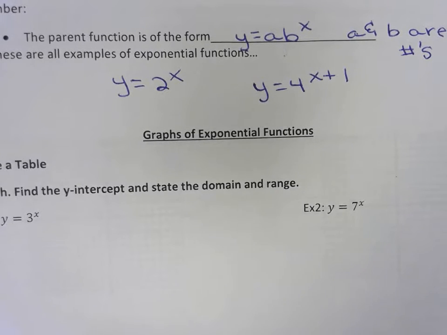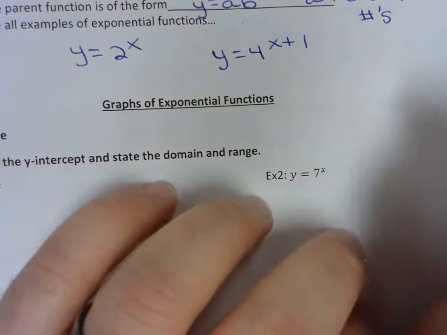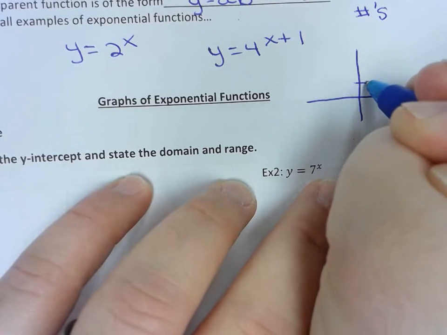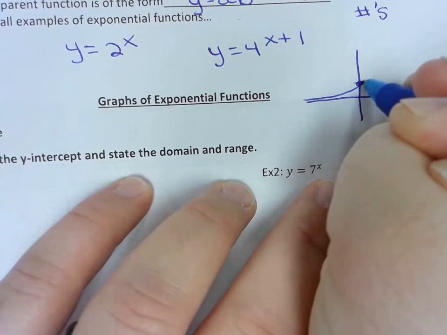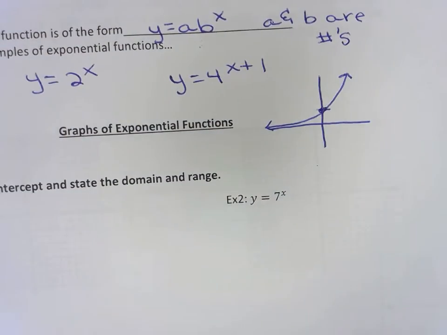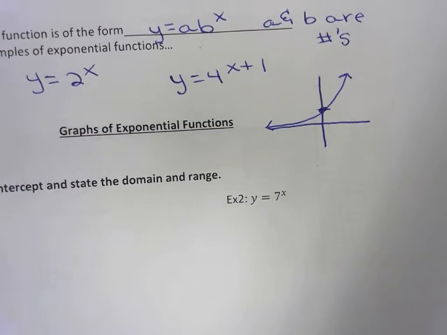Now, as I look at graphing these, they're going to look a couple different ways. Here's kind of what my graph of exponential functions looks like. Don't make this harder than it is. When I graphed a linear equation, I got a line.